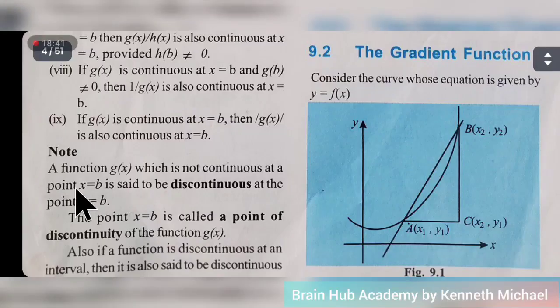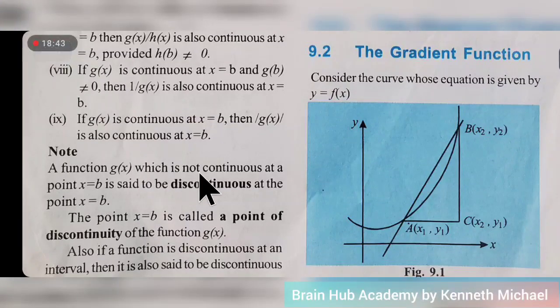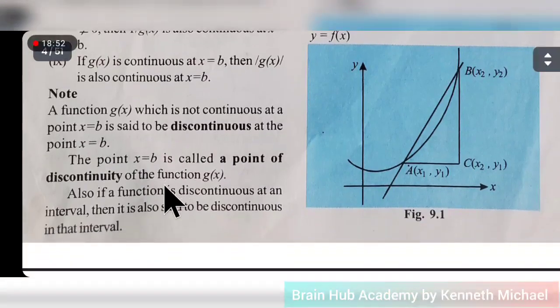All right, so note a function g of x which is not continuous at a point x equals b is said to be discontinuous at the point x equals b. So if any function is not continuous when the variable is equal to a specific value, then that function is called a discontinuous function.